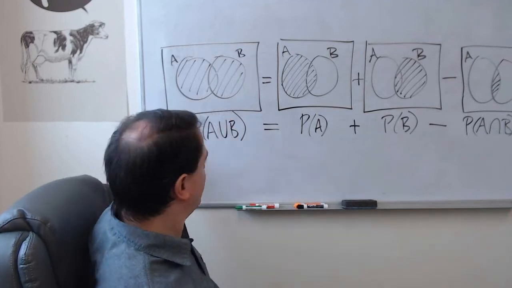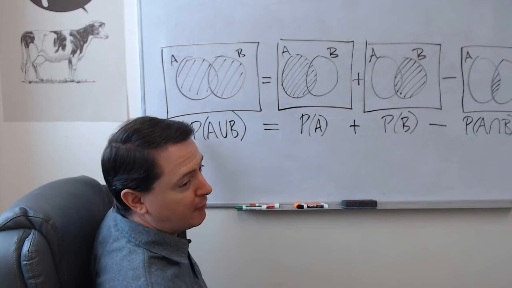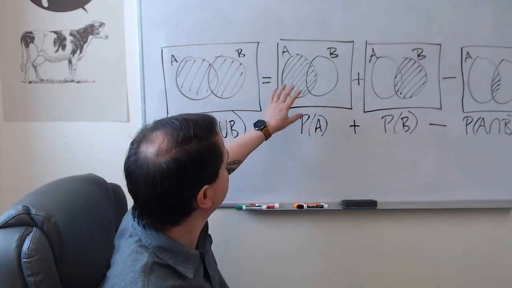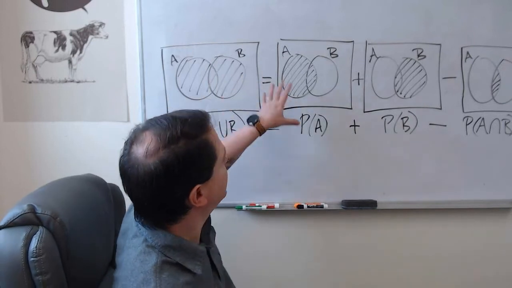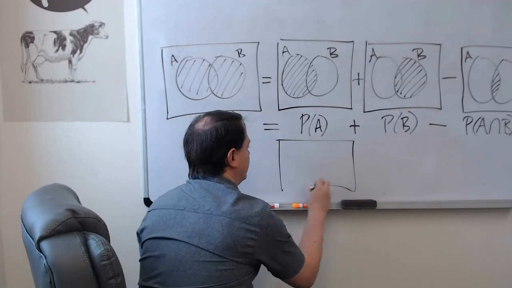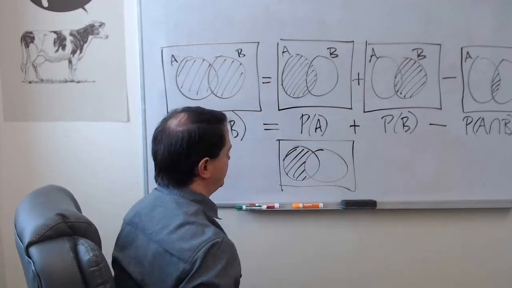For this course, you will usually have a formula you can jump to, but for some questions there won't be a direct formula, and you'll need to figure out, okay, I need this thing. For example, what if we needed this?